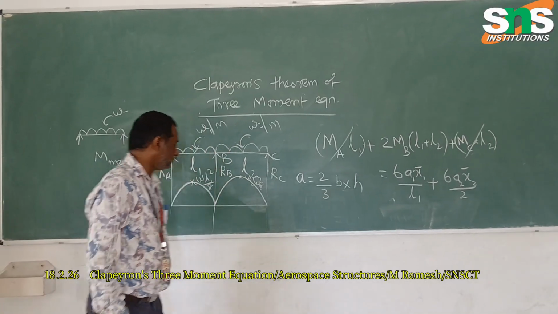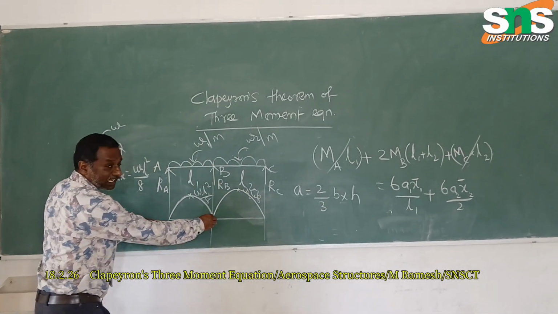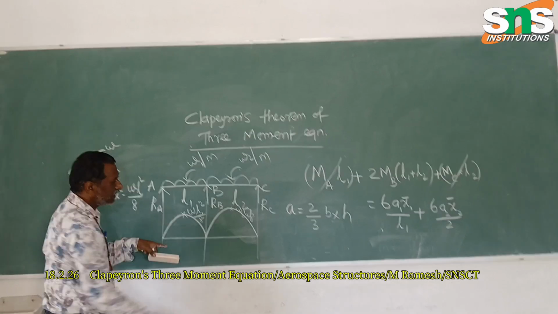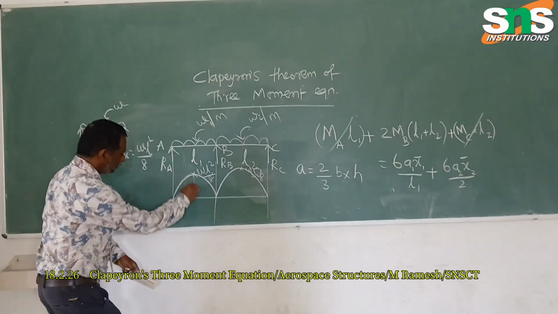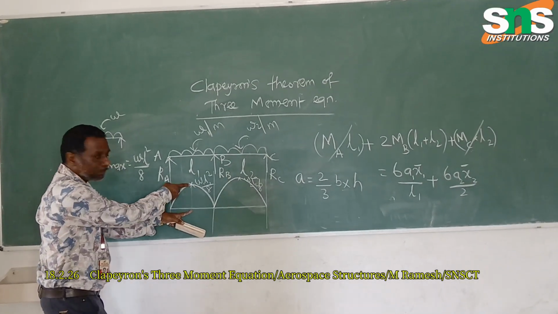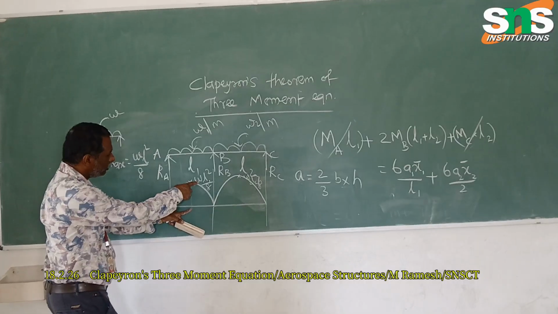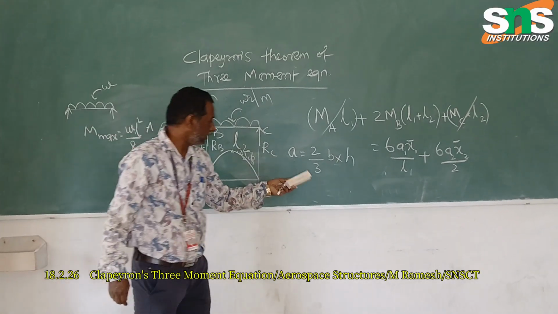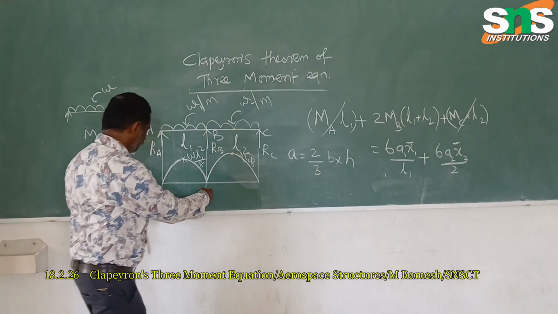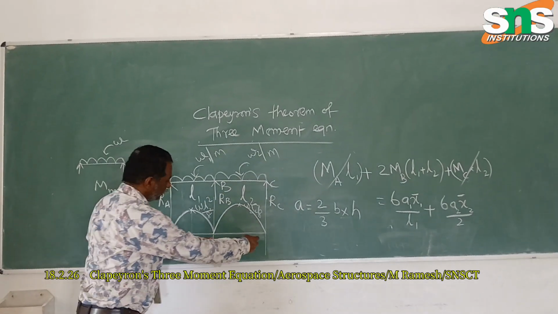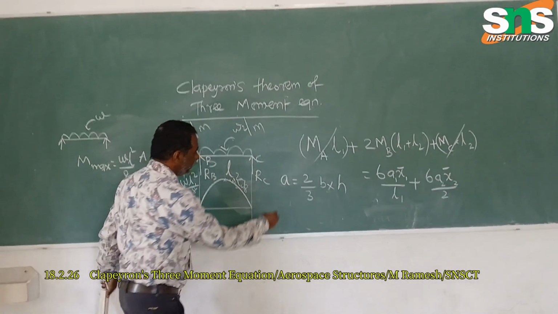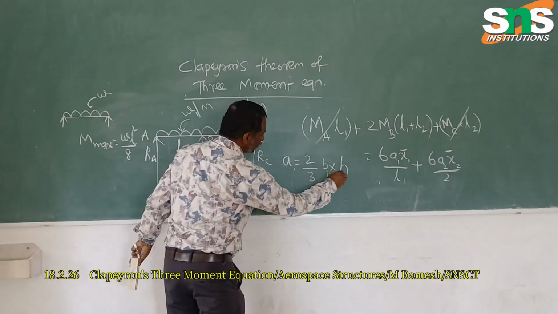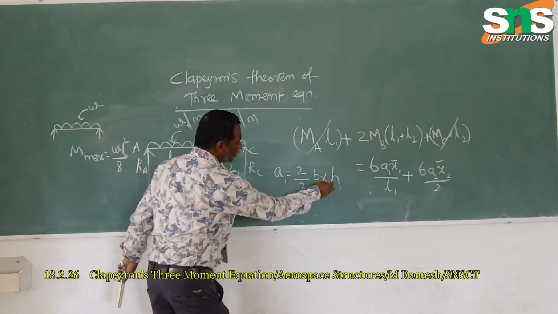Base is the length, that is the span, and h is the height. The height is the maximum bending moment, W L square by 8. So the value can be applied here. So I can find A1 as b1 into h1, A2 as b2 into h2.